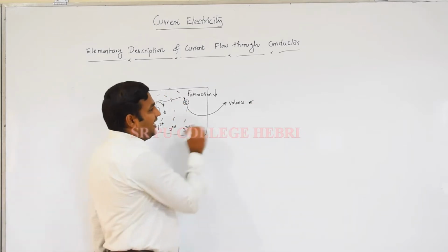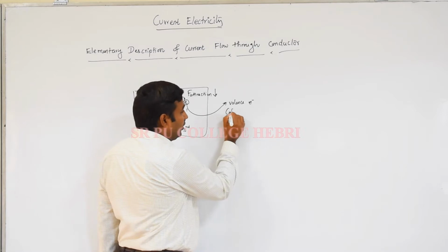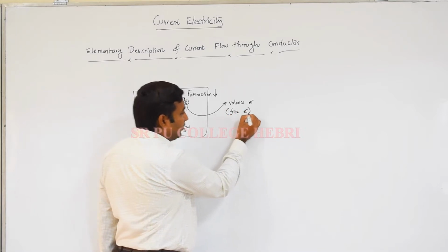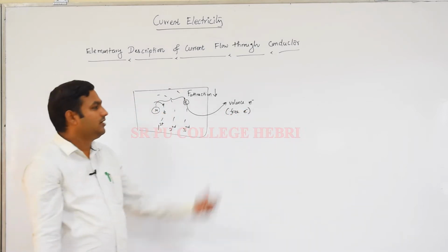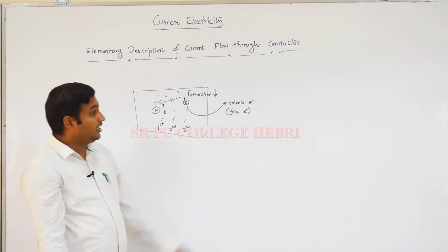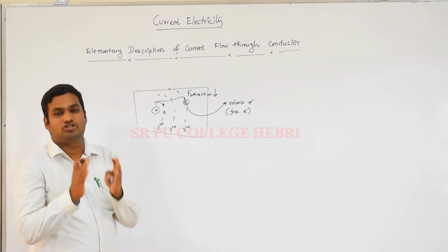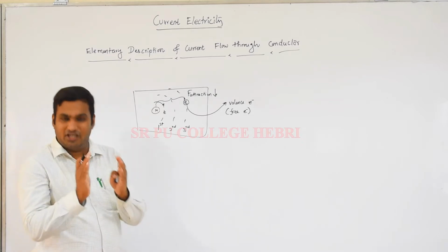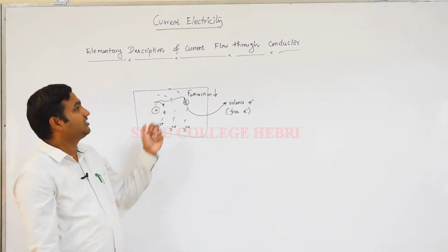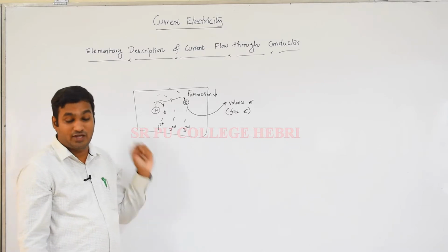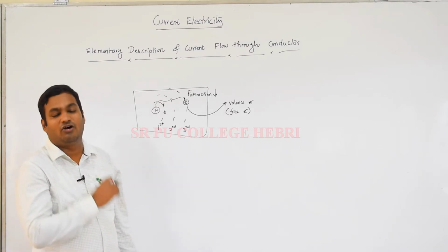This valence electron is also called a free electron. These valence electrons or free electrons are the major charge carriers in conductors to get electric current or electricity.